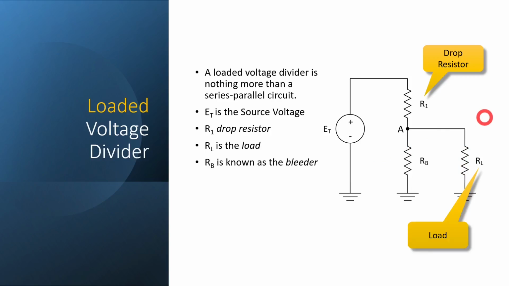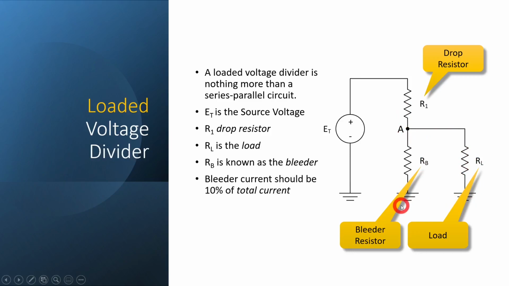And then we learned in the previous example, R sub B is known as our bleeder resistor. Okay, and that is there just so we can get the right amount of current through our drop resistor to drop the voltage to the quantity that we needed for our load. As a design premise, and it's not always this way, but in this course, we're going to use a bleeder current of about 10% of total current.